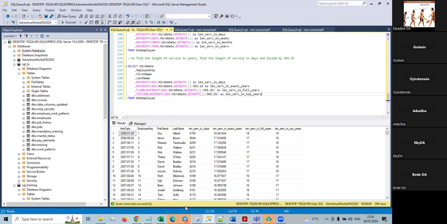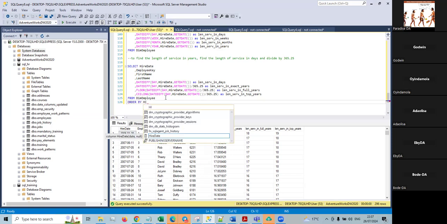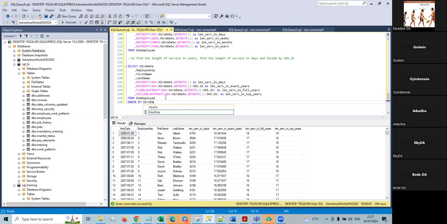And if you like, you can order by hire date. And what does that give us? So that arranges it in what is the default position?